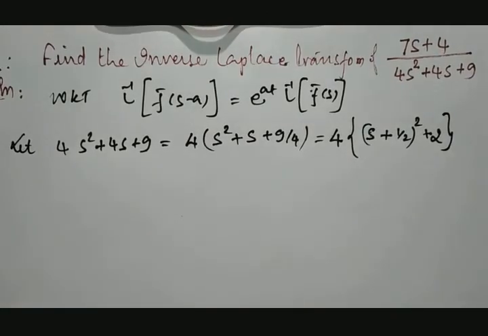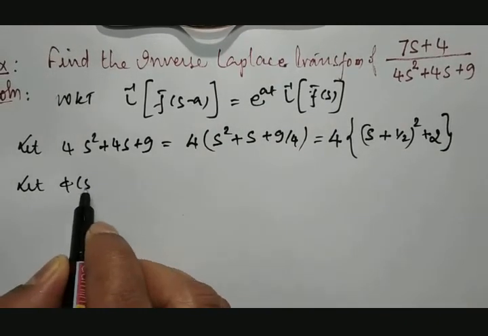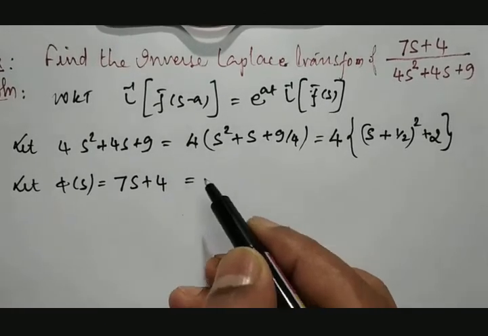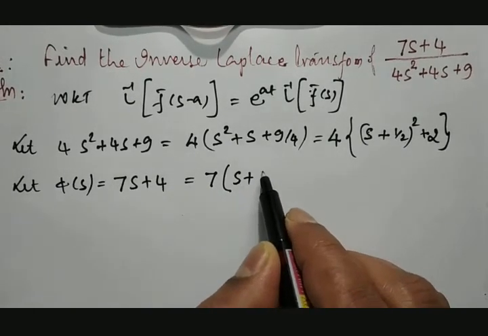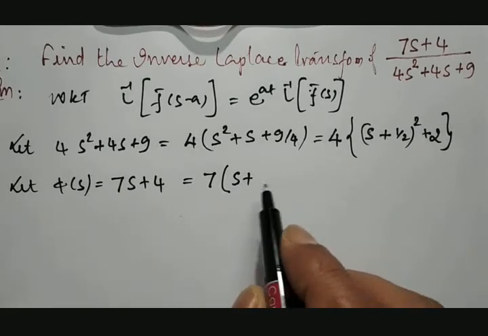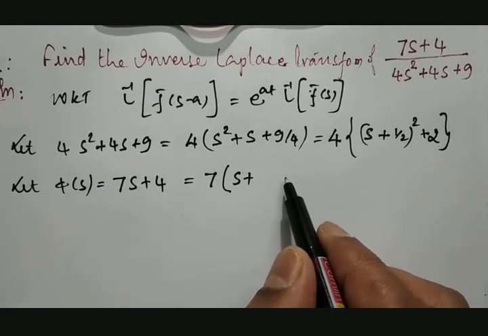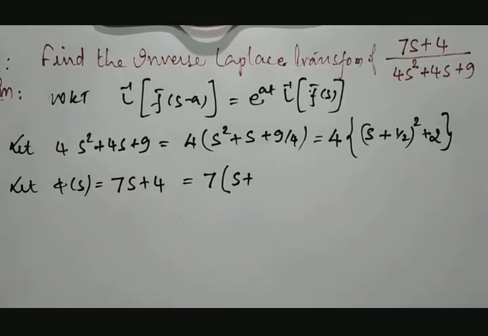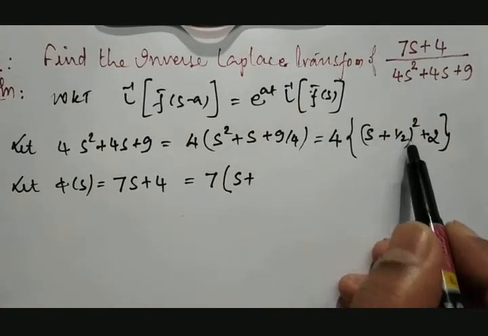Then the numerator is 7s + 4. Again here, 7 will be taken common, and inside the bracket it will be s plus 4/7, with some adjustment, because I need s + 1/2.